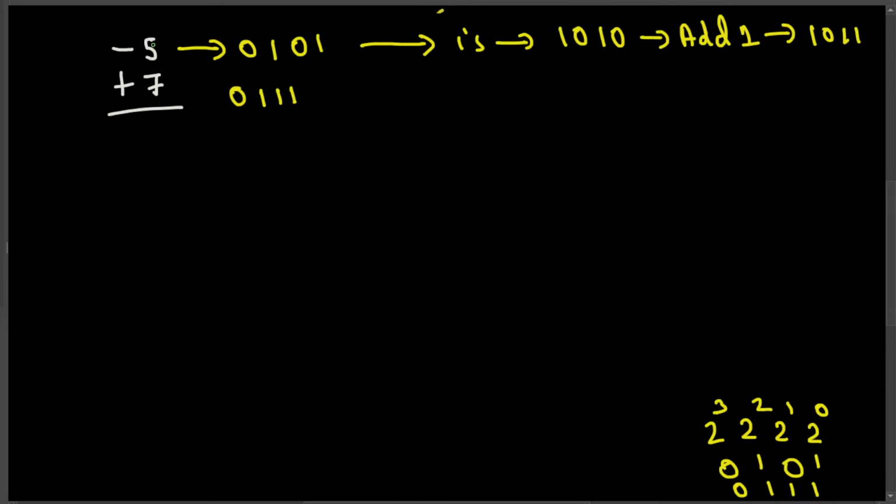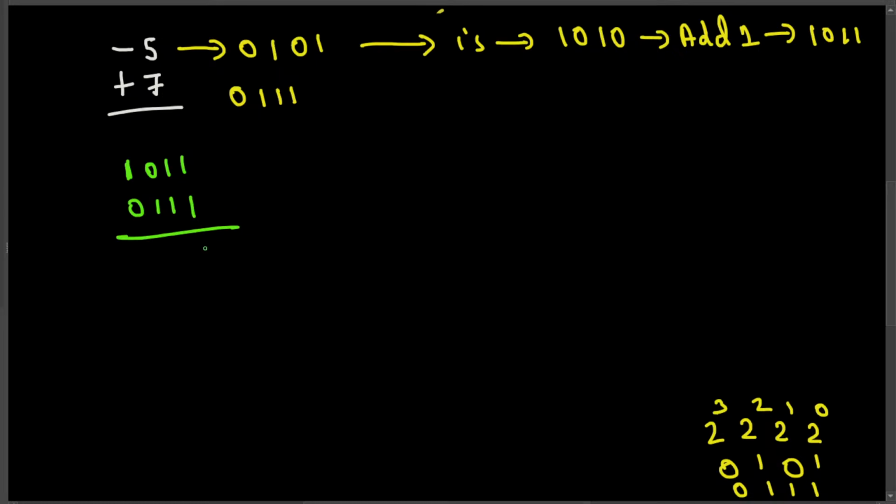So the 2's complement of 5 is 1 0 1 1. That's the one we bring here, 1 0 1 1, and then you add it with 0 1 1 1. Okay, let's add them and verify whether we are getting it right.